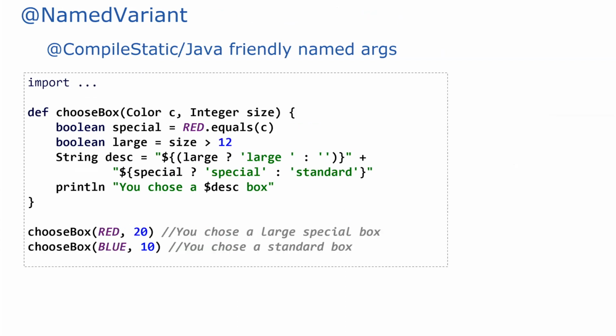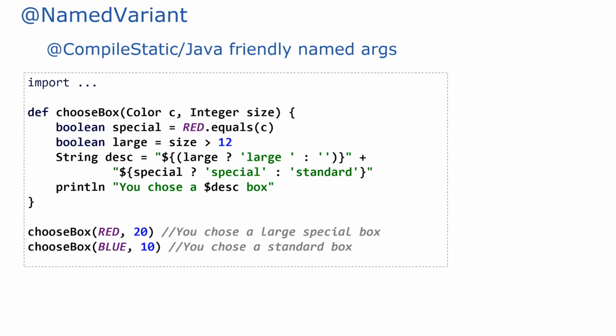This would be the typical Java way of creating, in this case, a choose box method. You're at the checkout of a shopping cart, Amazon or something, and you want to gift wrap the item that you've just bought. This choose box is going to decide, do you want a special box, a large box, whatever, to wrap your gift in.